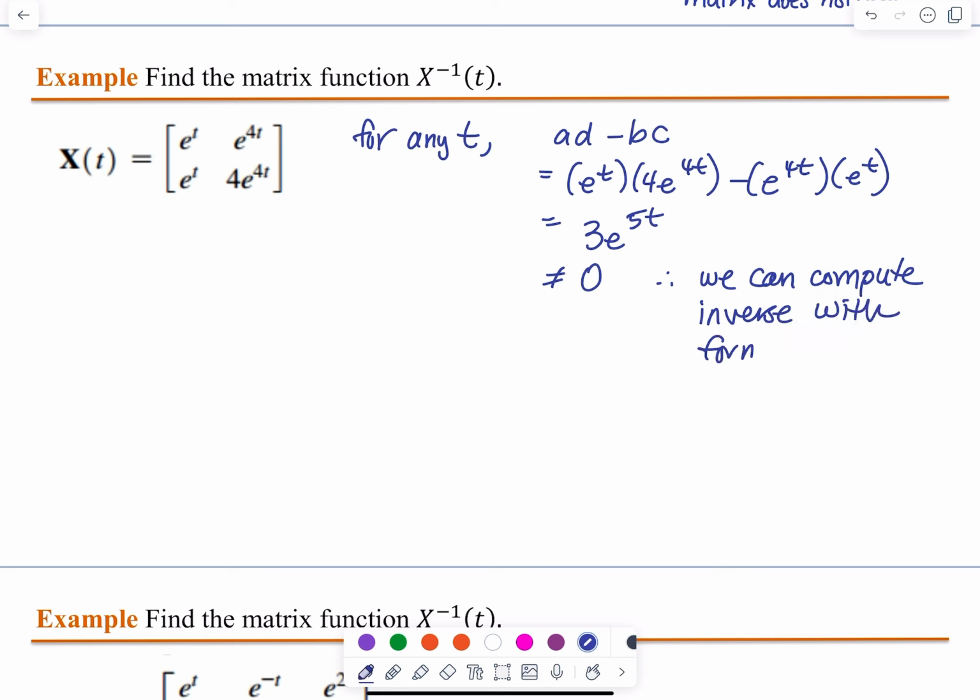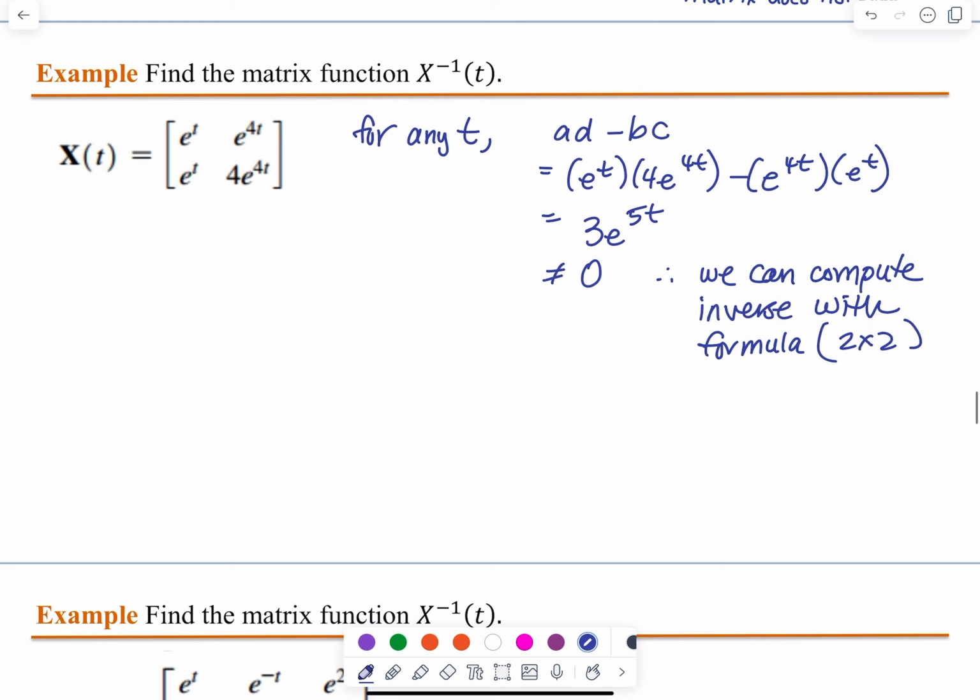And that was a formula for a 2 by 2 matrix. And let's go ahead and do that.